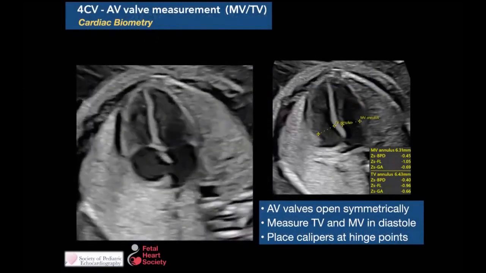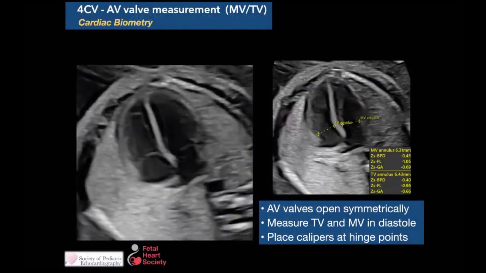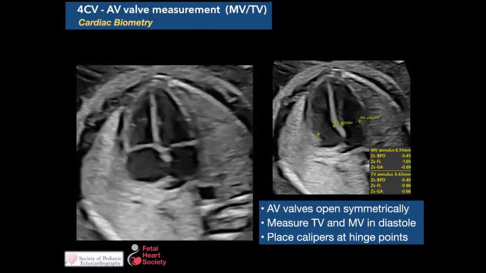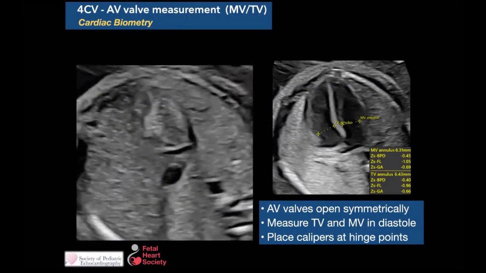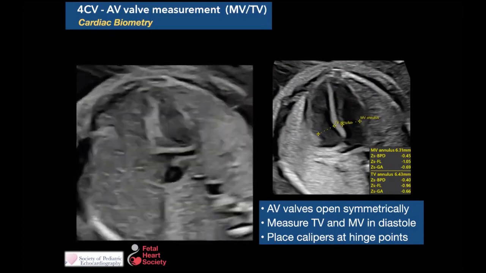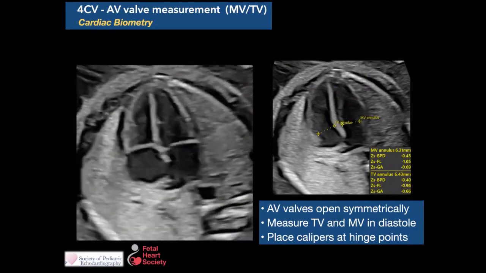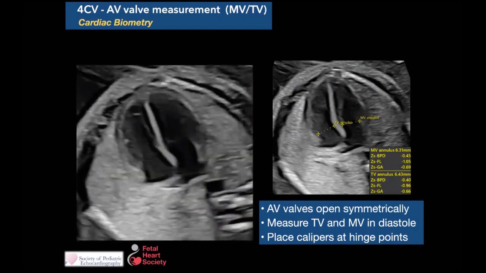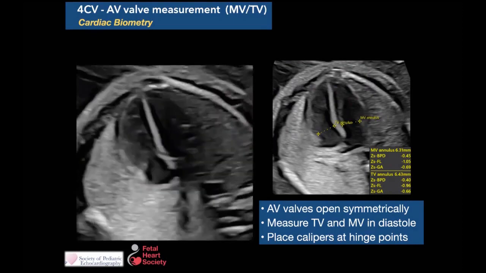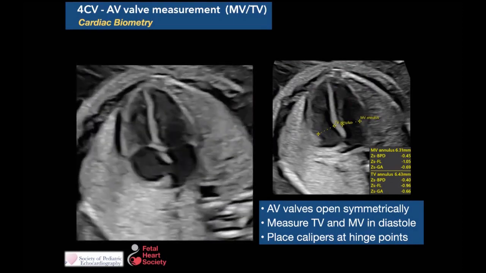When evaluating the AV valves, they open symmetrically, and you have to remember these valves are thin, delicate leaflets. You want to measure the tricuspid valve and mitral valve in diastole, placing the calipers at the hinge points of the valve.